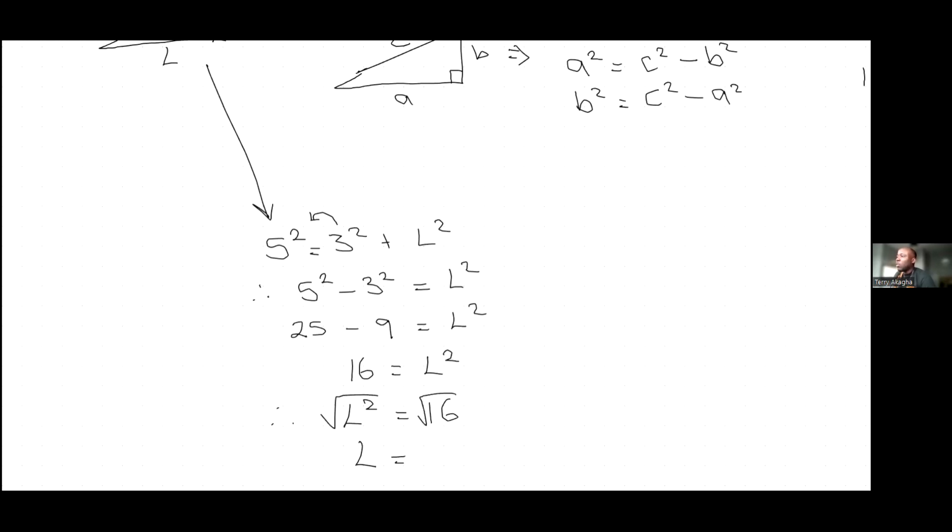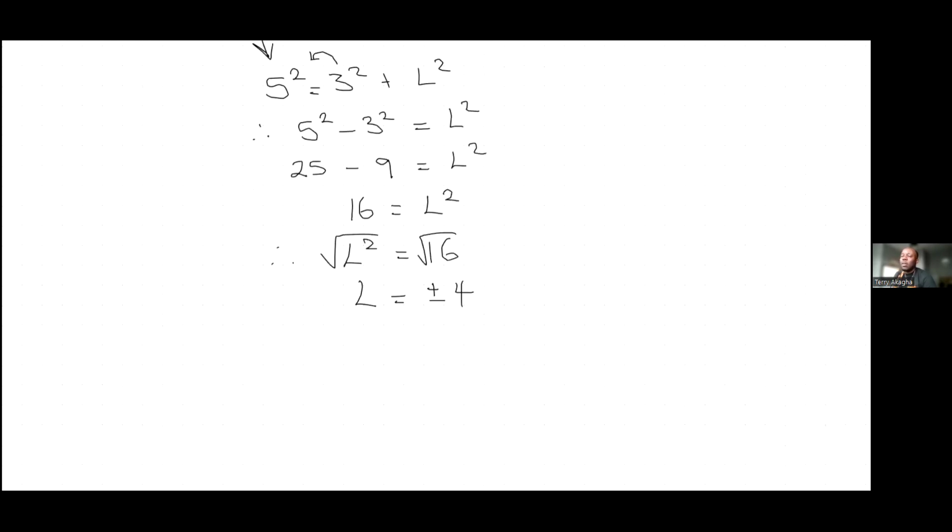All right. So remember, I told you that when you square root, it gives you plus or minus 4, but the length can only be positive. So therefore, L will be equal to 4. Are you seeing it?